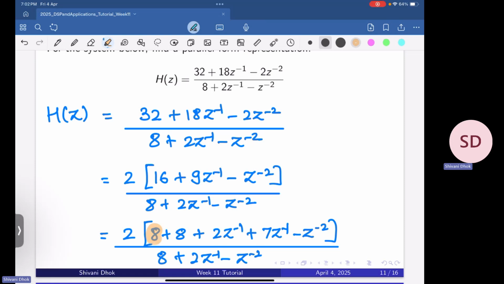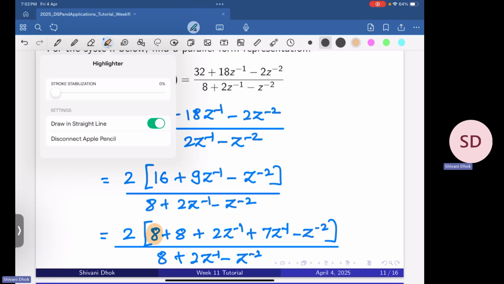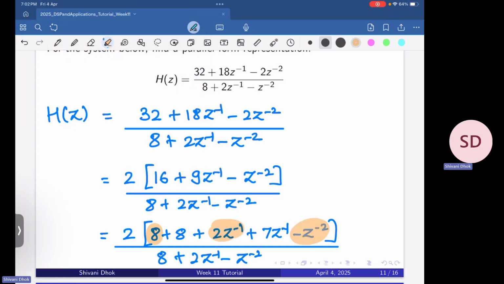So now if you see this 8, this 2z inverse, and this minus z to the power minus 2 is exactly the same thing that is there in the denominator.